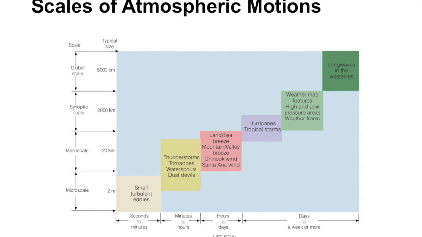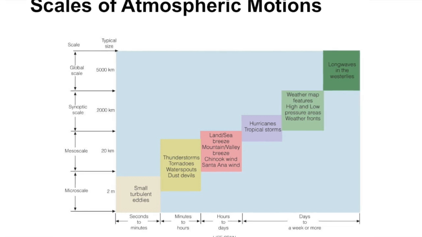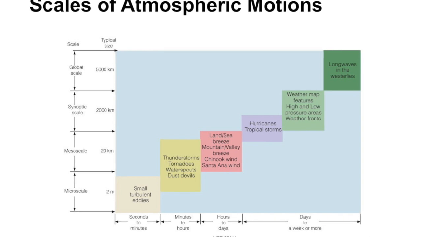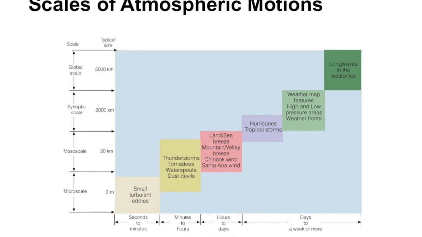Then as we go down to a smaller scale, we see the features of a weather map, the highs and the low pressure areas. And this happens within a scale of days to weeks.